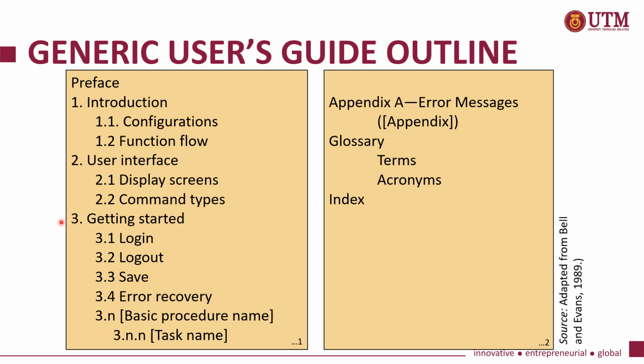Also, the documentation will have a section which will explain how to use or interact with the system, such as how to log in, how to log out, how to save. And the documentation by the end will include appendix and glossary and finally index.